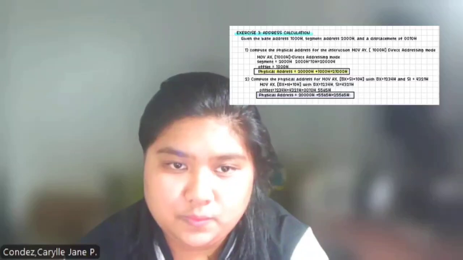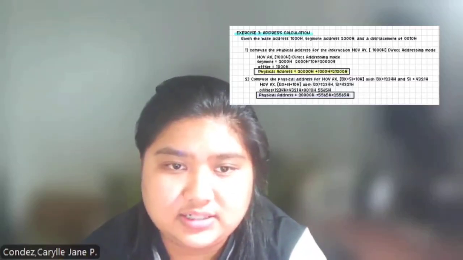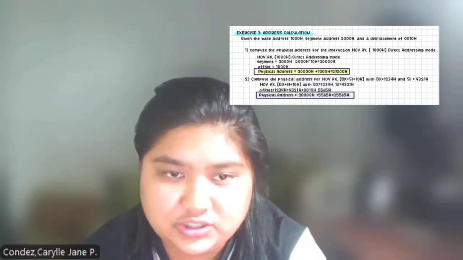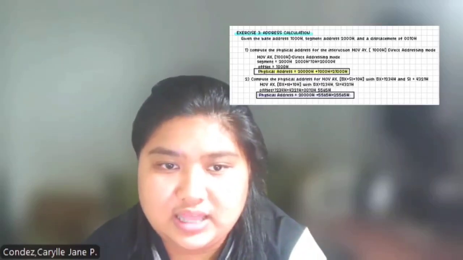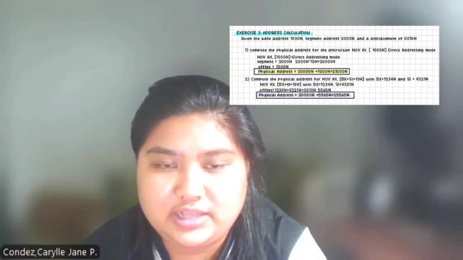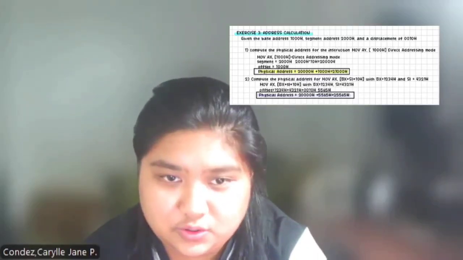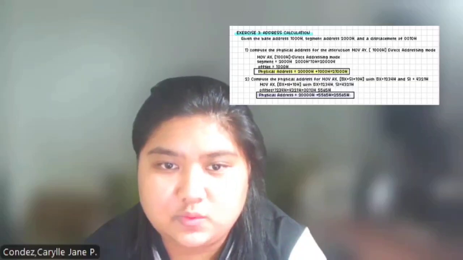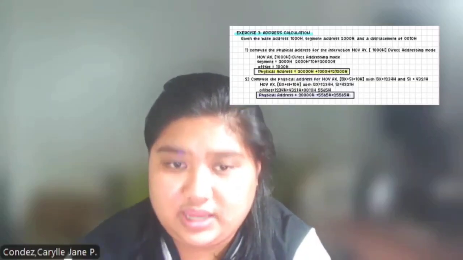So for number two, the given is BX equals 1234H and SI is 4321H. So we add everything. So 1234H plus 4321H plus 0010H equals 5,565H.